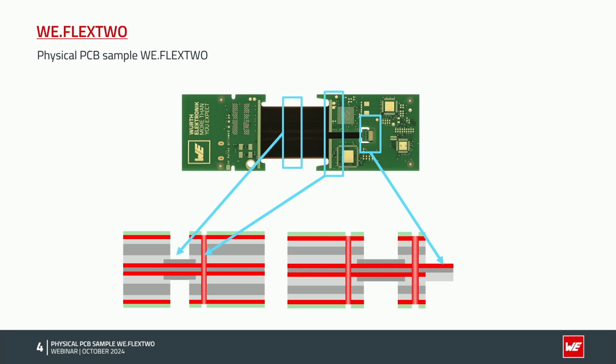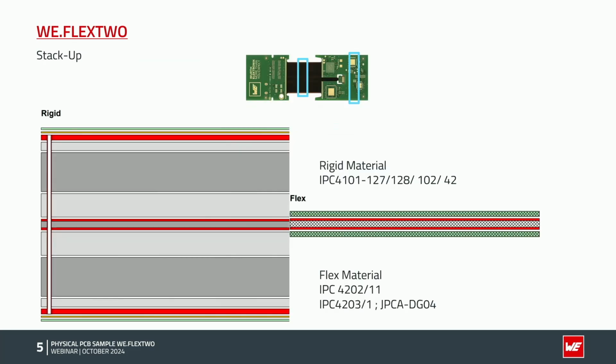And we will talk about special requirements, as I told already, in the design rules, dealing with the flex rigid transition area here, and drillings in PTH and the overlap of the coverlay. So that's what we will talk about today. If you have any questions, just set it in the chat, or you can ask afterwards, of course.